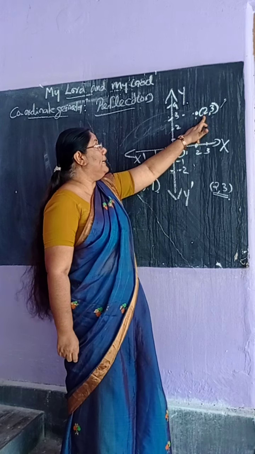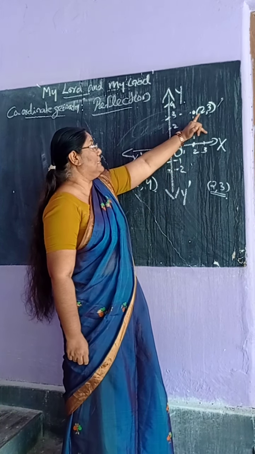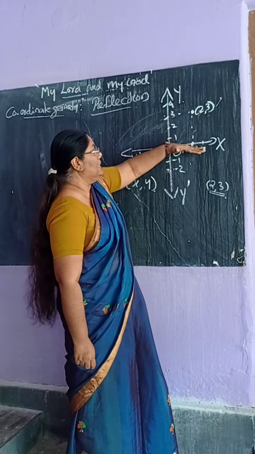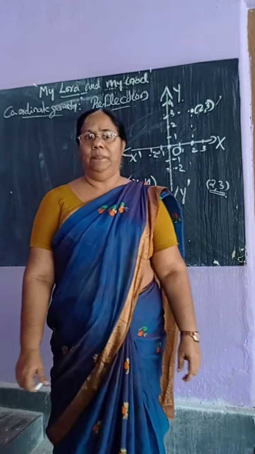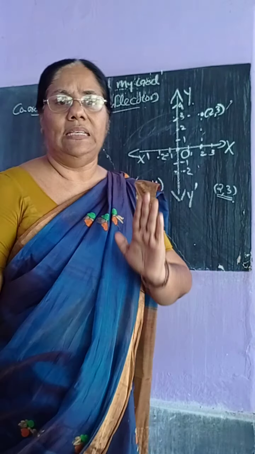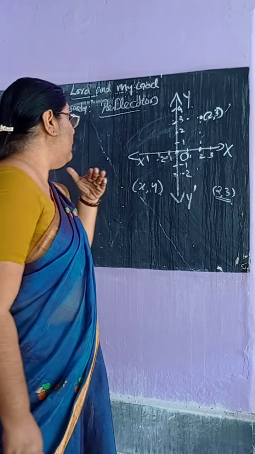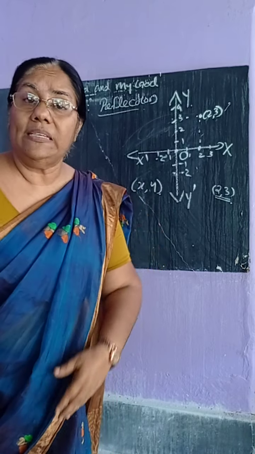That 2 is 2 units from the y axis, and this 3 is 3 units above the x axis. X means the distance from the y axis, the vertical axis, and y means the distance of y units from the x axis.